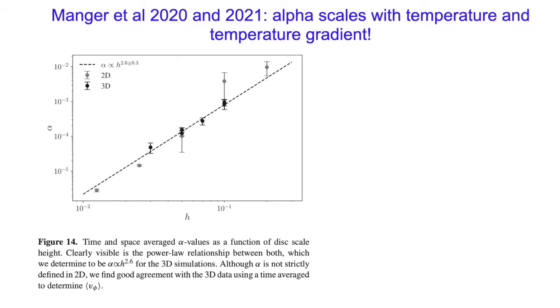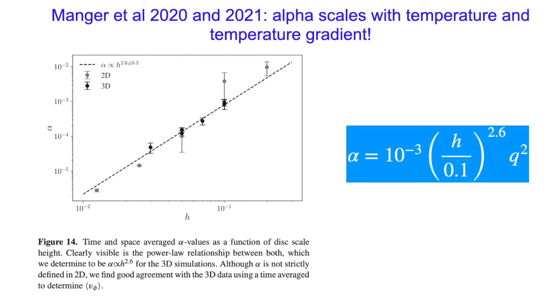Natascha Manger has not only been looking for the formation of vortices, she has also studied how strong actually the Reynolds stresses are as a function of the disk temperature. And in a follow-up work, which is right now also on arXiv astro-ph available, there you find also the dependence then on Q squared, being the radial temperature gradient.